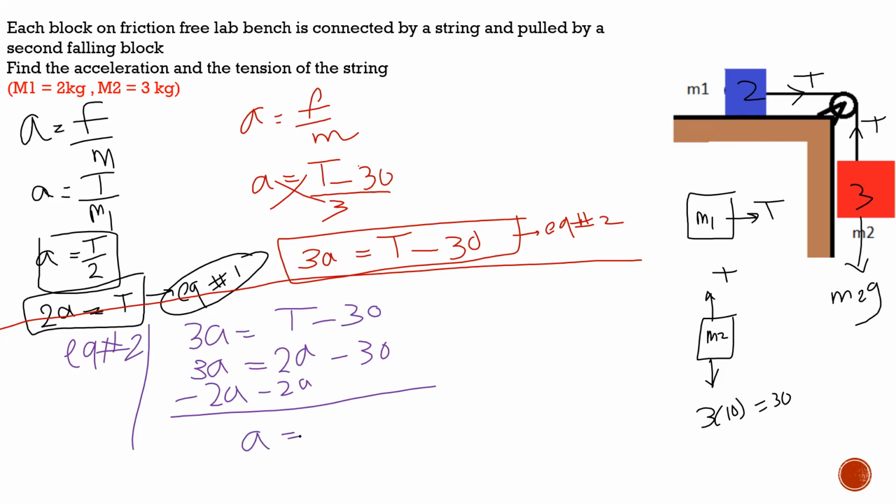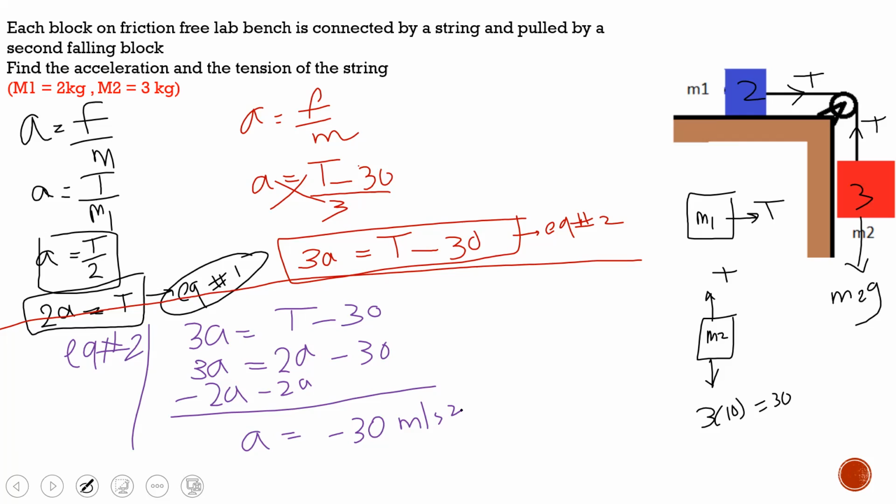So a will be negative 30 meters per second squared. Here I put the masses from my mind, so maybe that's why there are wrong numbers.